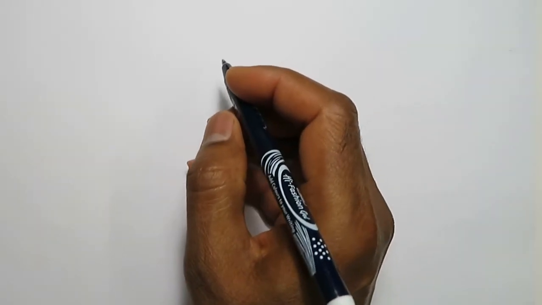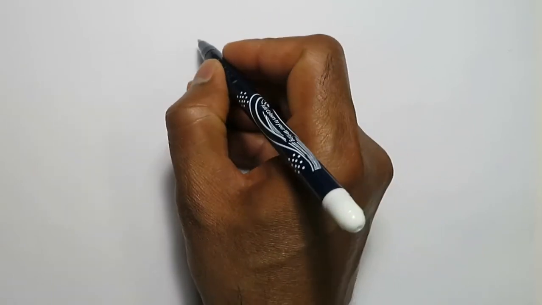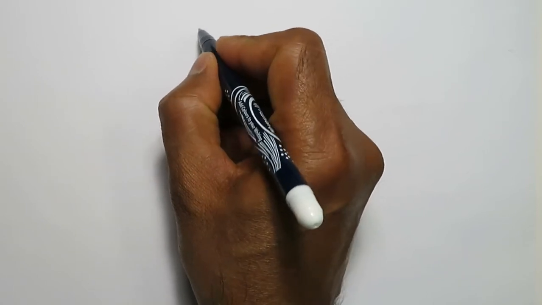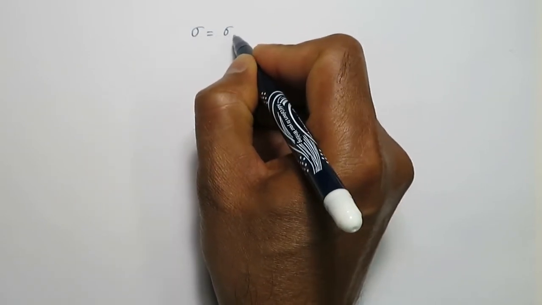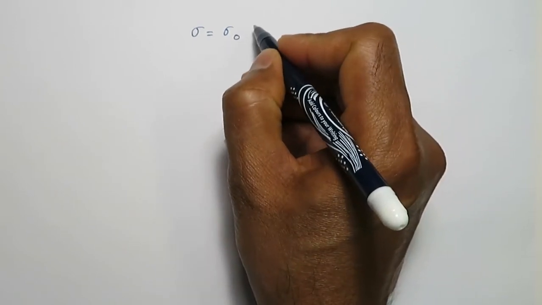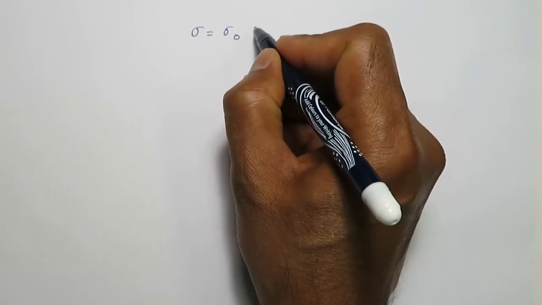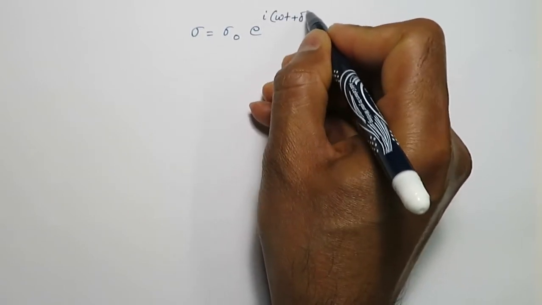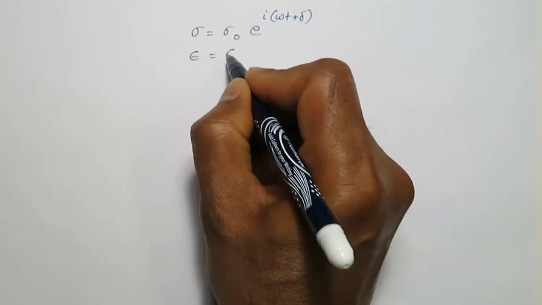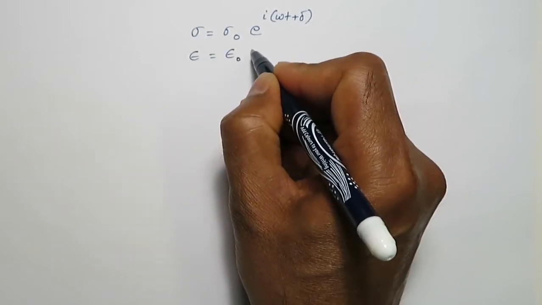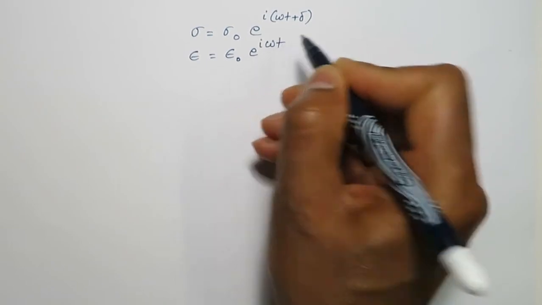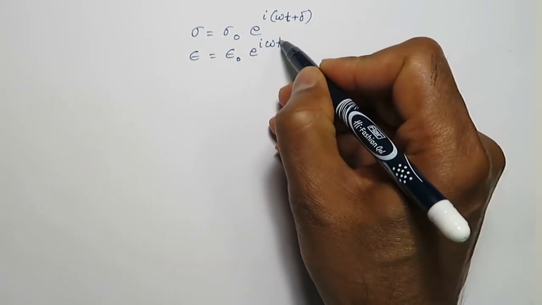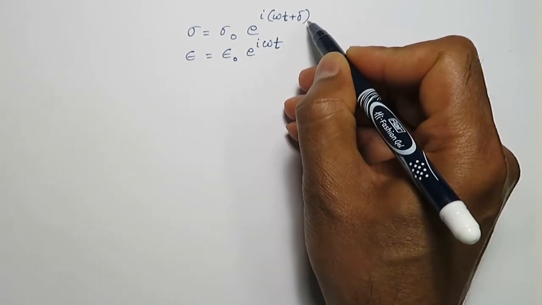We will start with the equation for stress and strain in dynamic loading. We will use the exponential form: sigma is equal to sigma naught e to the power i(omega t plus delta), and epsilon is equal to epsilon naught e to the power i omega t. Omega is the angular velocity, t is time, and delta is the phase lag.